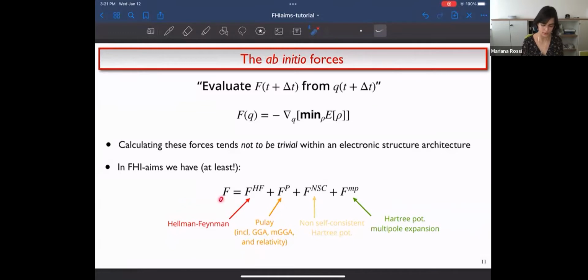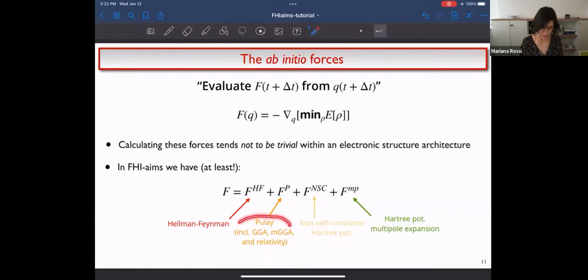So the force is given first by this Hellman-Feynman term, which is the one you would expect to have in any type of electronic structure calculation. But this is not all, and it's known since a long time that calculating only this term in basically all code architectures does not give you forces that you can use in any way.